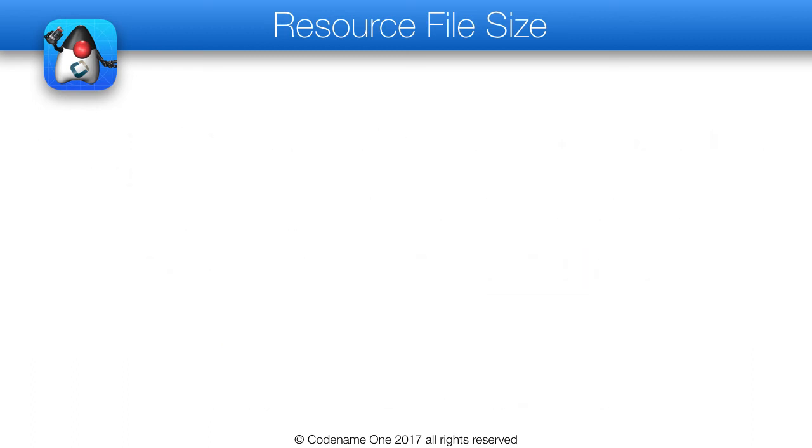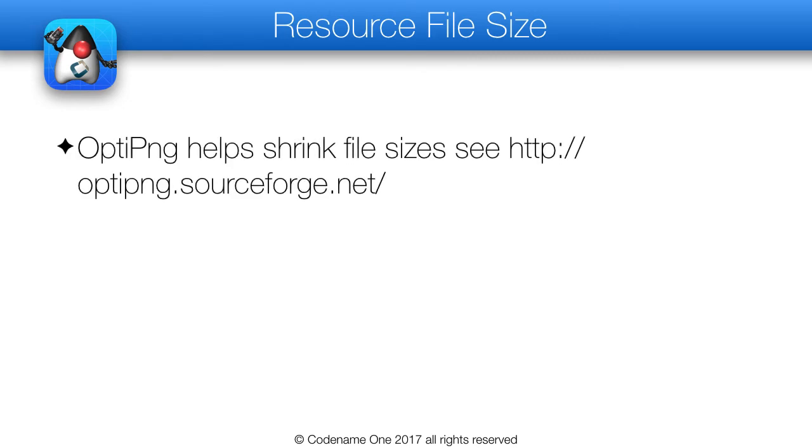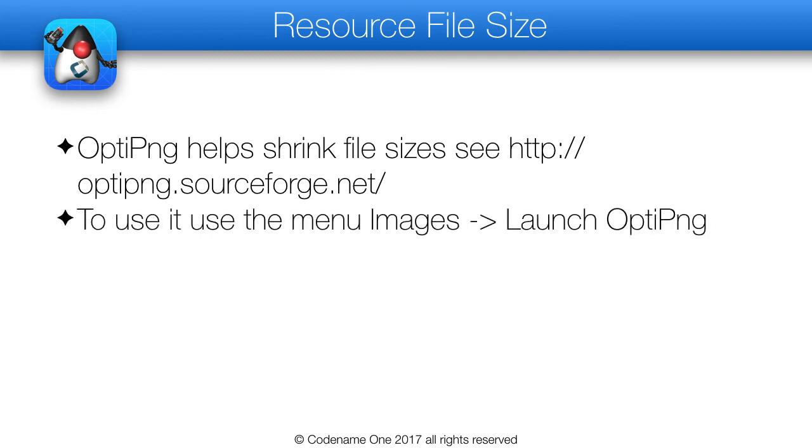You can use the excellent OptiPNG tool from optipng.sourceforge.net to optimize image files right from the Codename One designer. To use this feature, you will need to install OptiPNG, then select Images, Launch OptiPNG from the menu. Once you do that, the tool will automatically optimize all your PNGs.